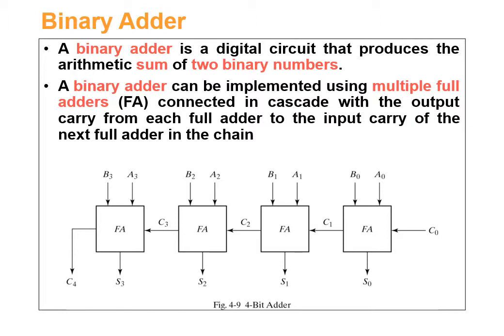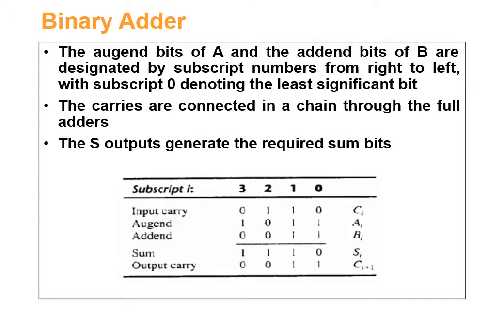The input carry to the adder is C0 and it ripples through the full adders to the output carry C4. The S output generates the required sum bit, and an n-bit adder requires n full adders, with each output carry connected to the input carry of the next higher order full adder.